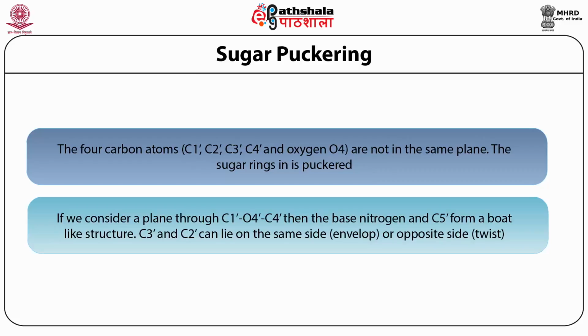C3' and C2', the two other atoms left, can lie either on the same side, which is called an envelope conformation, or on opposite sides, which is called twist conformation.